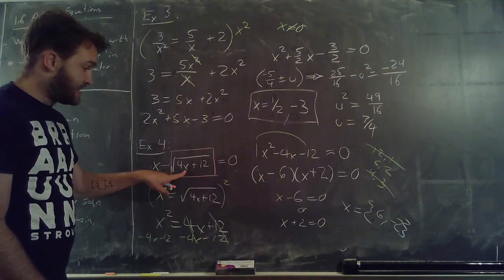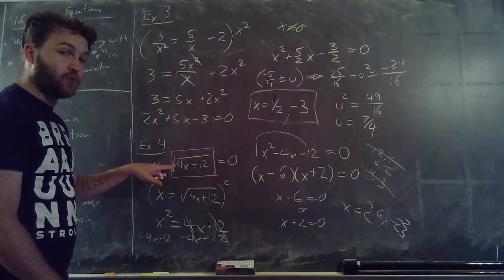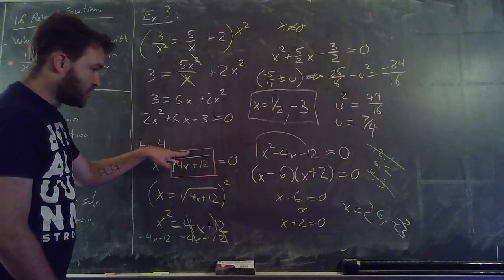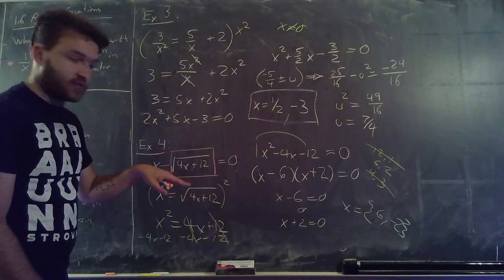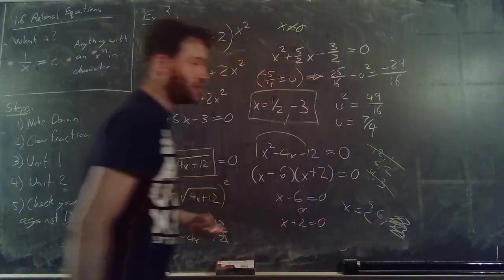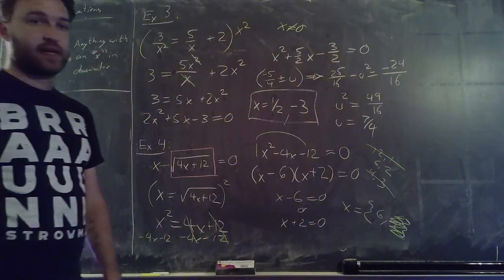Negative 8 plus 12 is 4. The square root of 4 is 2. So negative 2 minus 2 does not equal 0. So I know that I need to omit negative 2 from my solution set. So my answer is just 6 in this case.